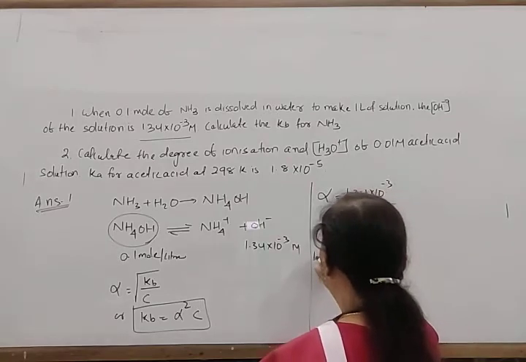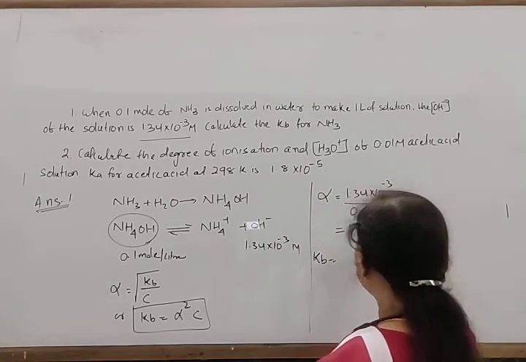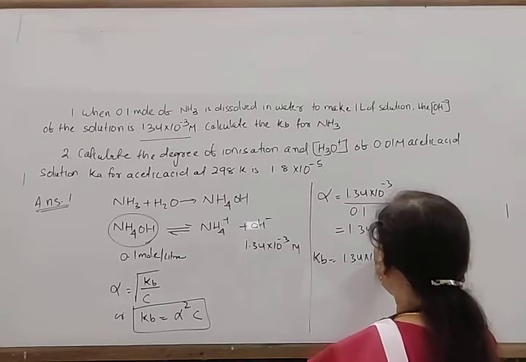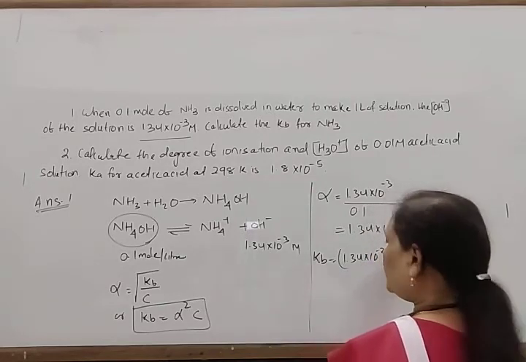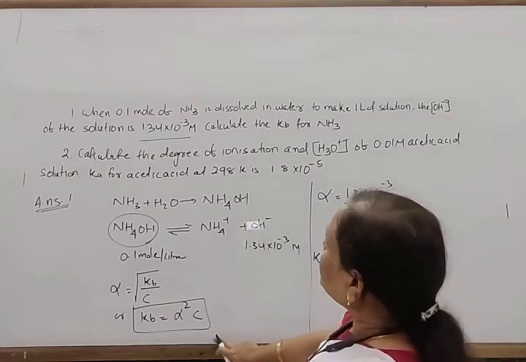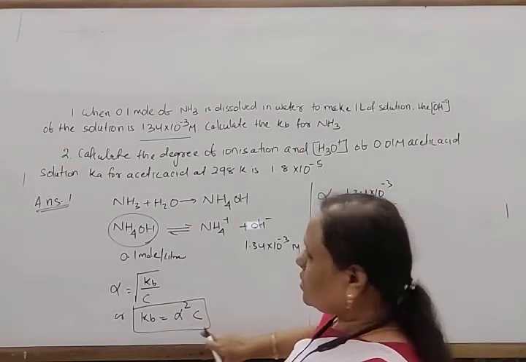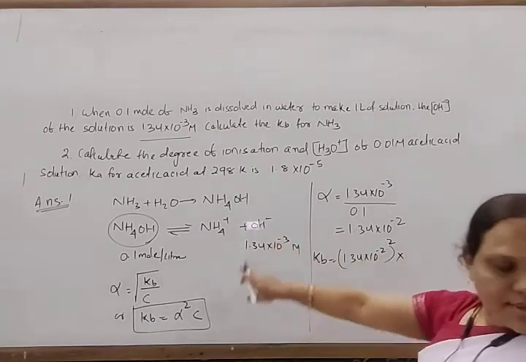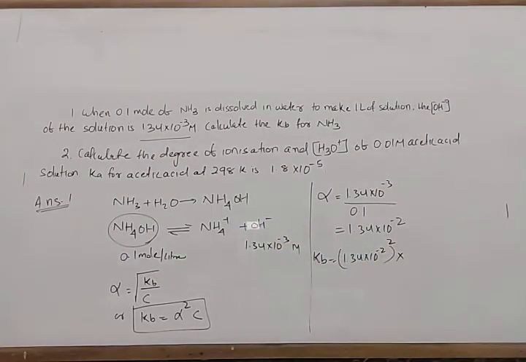Then what is the value of Kb? Kb is equal to 1.34 into 10 to the power minus 2 whole square into C. What is the concentration of the solution? The concentration of the solution is given.